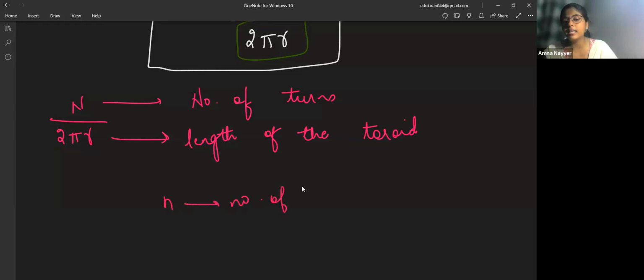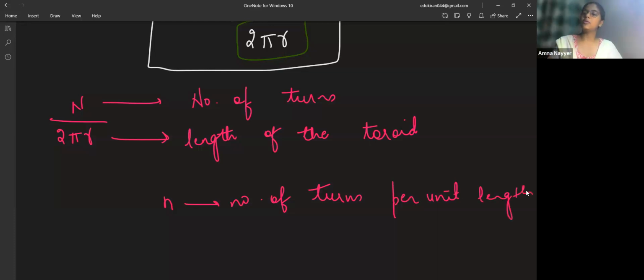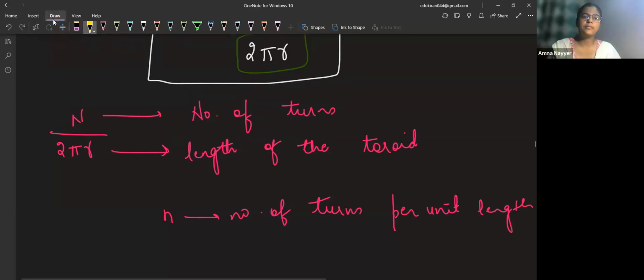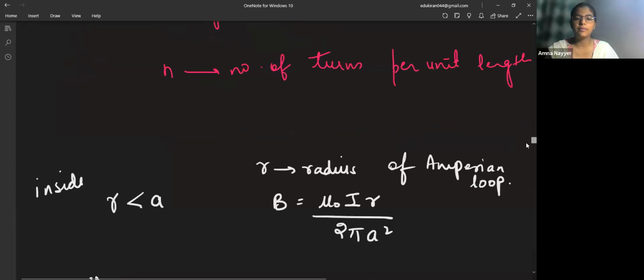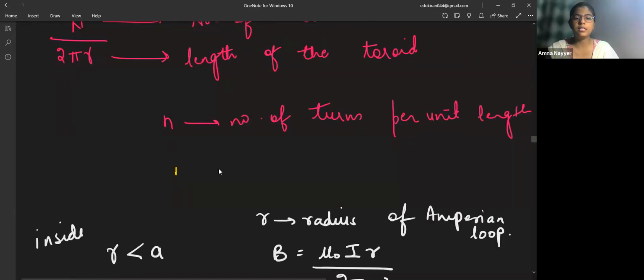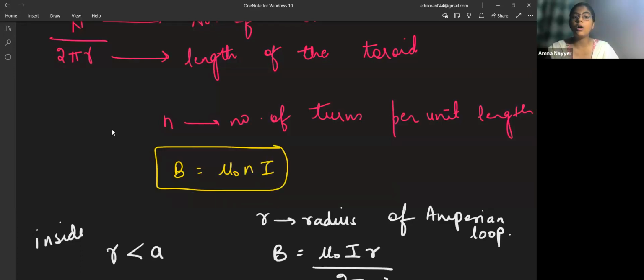We write it as N, number of turns per unit length, right? So what do we have as the formula? The final formula becomes B is equal to mu naught n I again. The difference is that small n is N by 2 pi R, not N by L just.